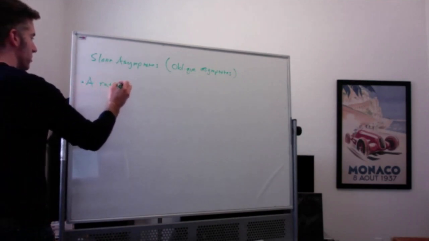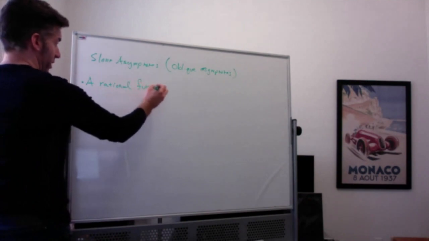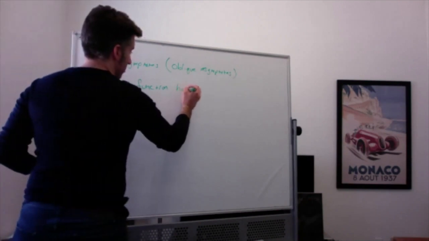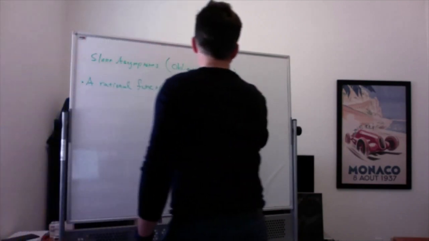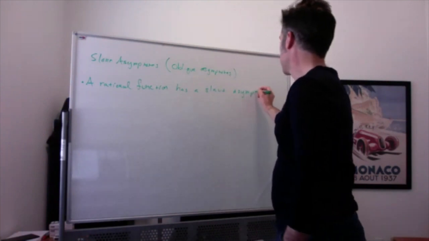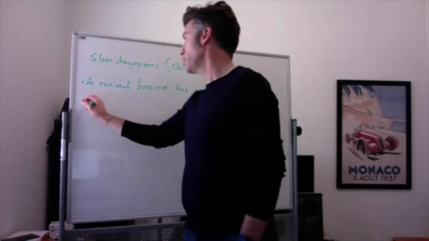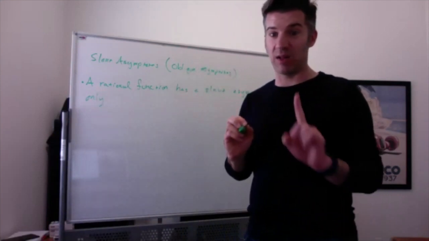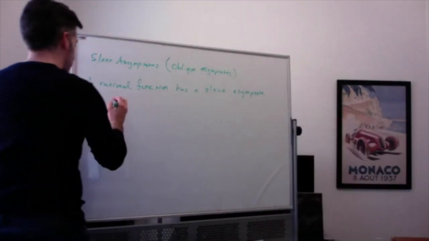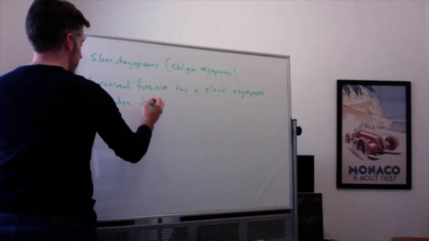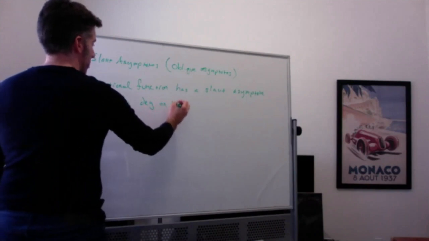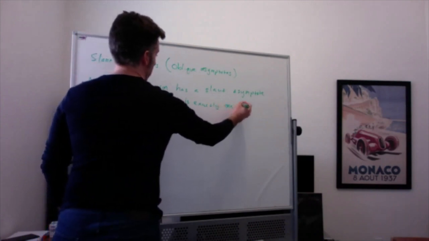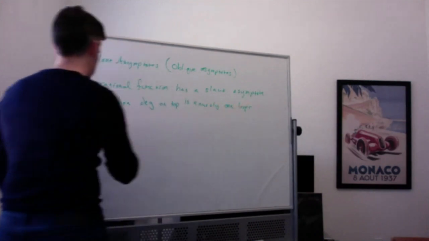A rational function, so again, a polynomial divided by a polynomial, has a slant asymptote only when the degree in the numerator is larger than the degree in the denominator by exactly 1. So only when the degree on top is exactly 1 larger than the degree on the bottom.